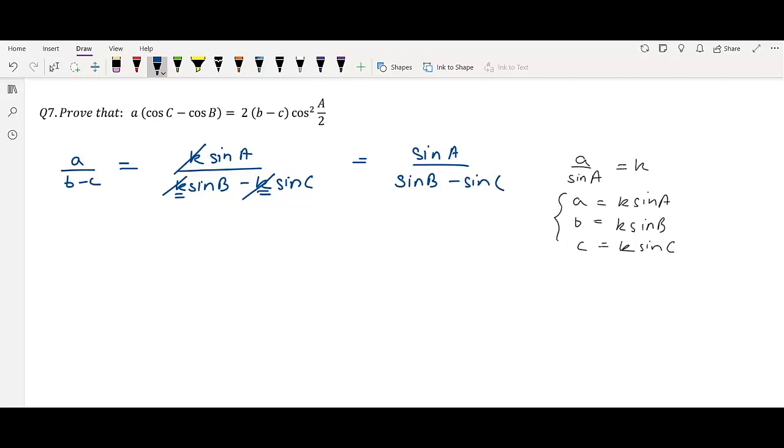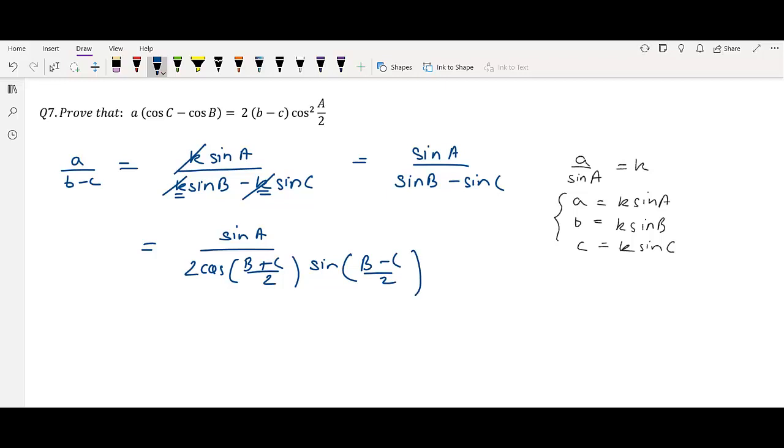Okay, using the sine x minus sine y identity, I get 2 cos b plus c by 2 sine b minus c by 2.